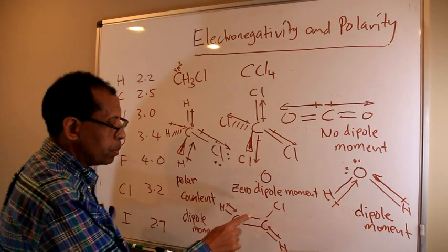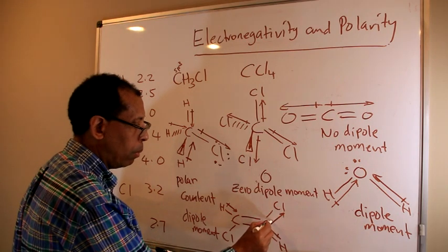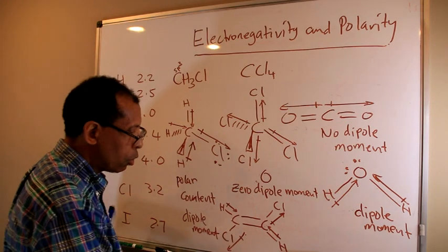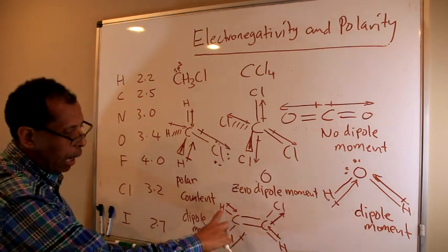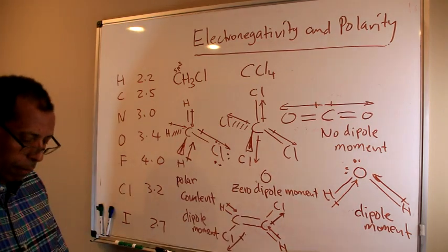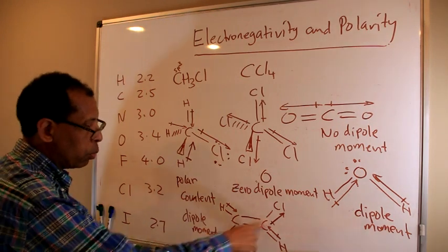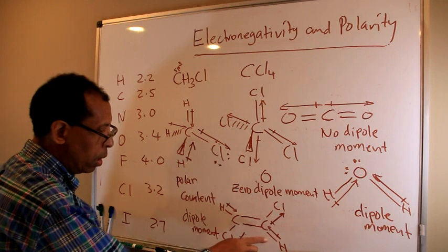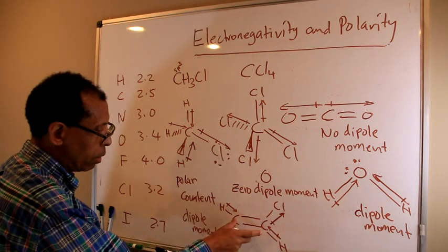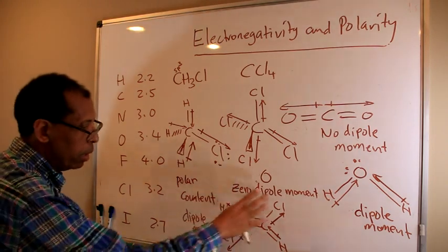And also, the carbon-chlorine bond is highly polarized, a polar covalent bond. So overall, if you just add up the vectors here, this would cancel out. They are in opposite directions. And here it is from hydrogen to carbon. So there is a slight one, but in most cases this would cancel out.